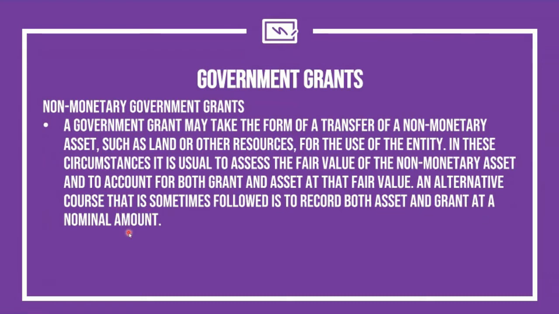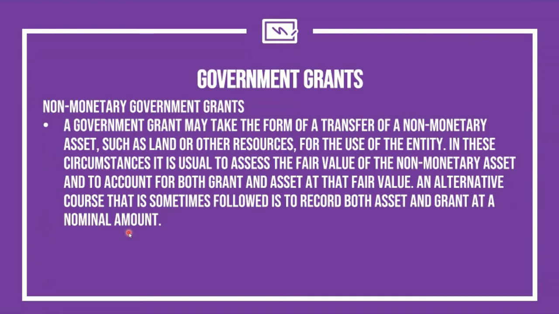So this is the usual discussion even when you were in the lower years, wherein when you receive a non-monetary grant, you need to recognize it as an asset and as a deferred income at the fair value.